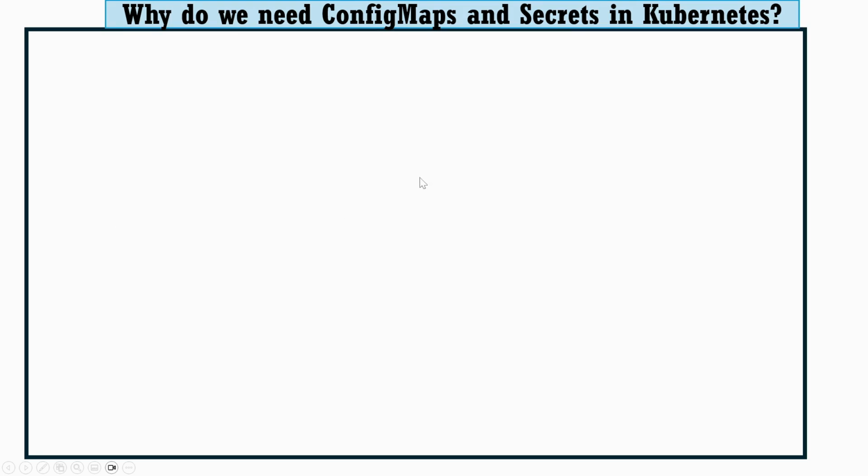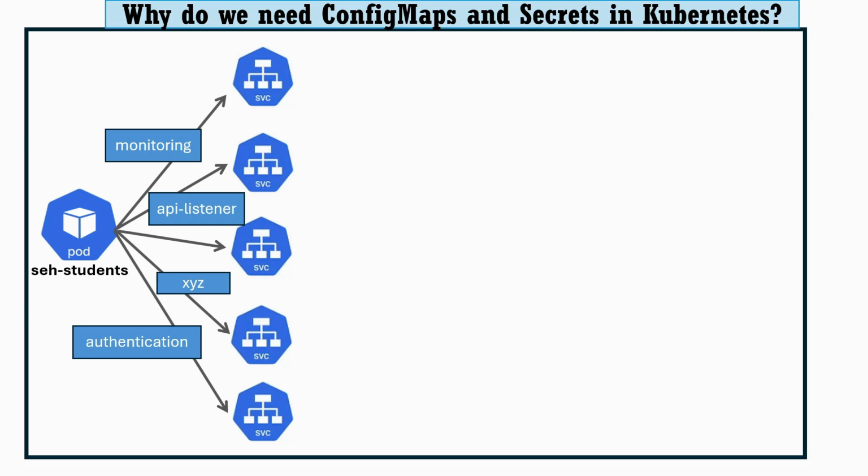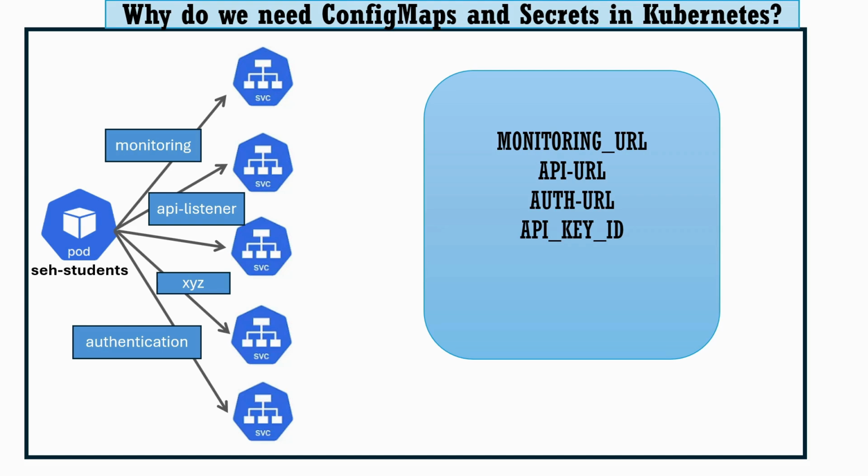Let's start with the most important question: why do we need ConfigMaps and Secrets in Kubernetes? Now imagine our SEH students application connects to multiple external services. For example, it might connect to a monitoring service, API listener, authentication service, or some other internal services like XYZ. So obviously the application will need configuration values like monitoring URL, API URL, auth URL, client ID, API key ID, and many more.